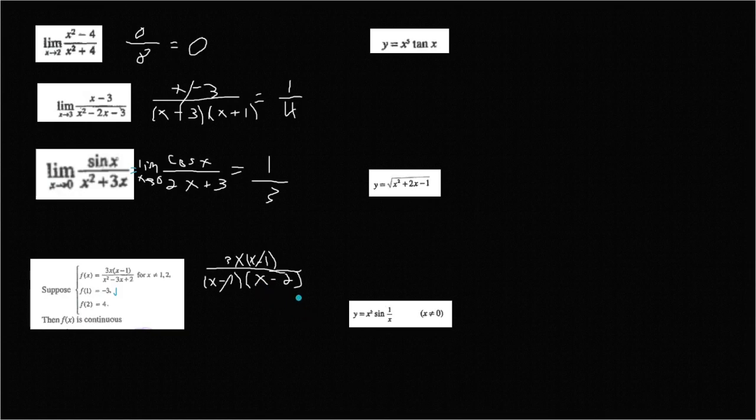But this, if you graphed it, would have something like that happening. There would be a vertical asymptote at x equals 2. So it is not continuous. These factors do not cancel out. So not continuous at x equals 2.